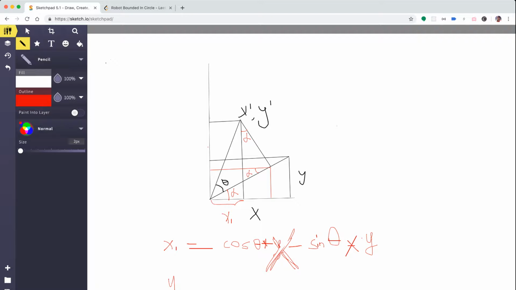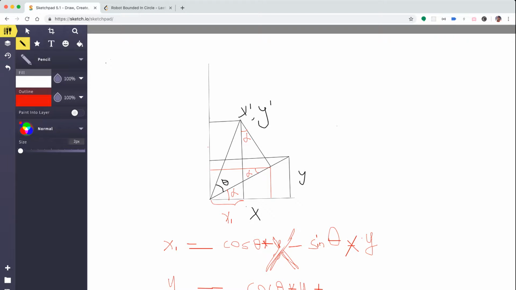We do the same. Y1 equals this part plus this part, right? So this part, we can do the same. The proportion is cosine theta, divided by 1, but it's the same, and we multiply it by y, so this is this part, plus cosine alpha, which means x, so we have cosine alpha means x.